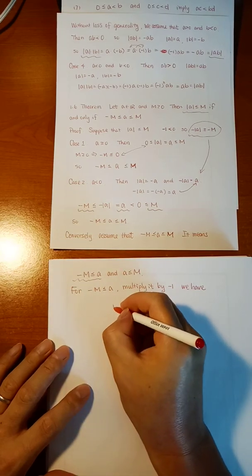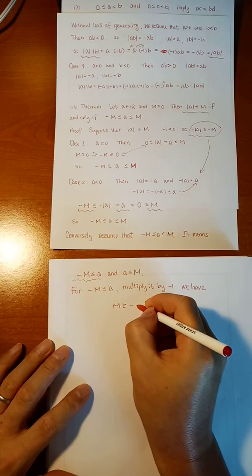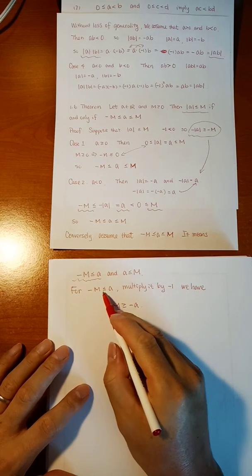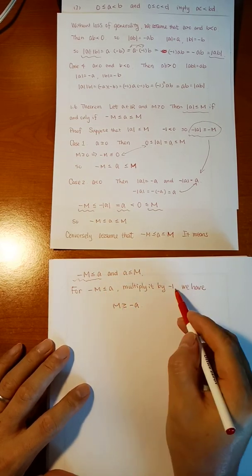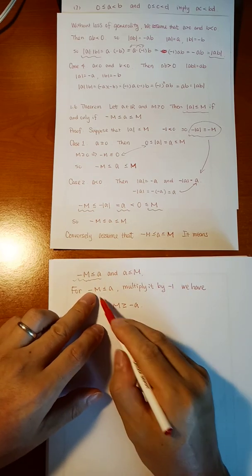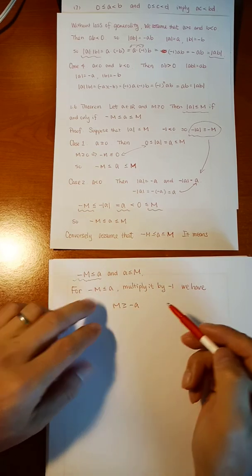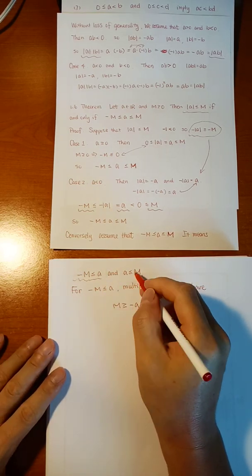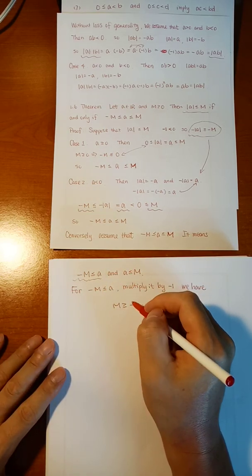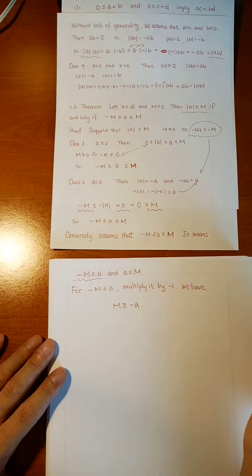We have m is greater than or equal to negative a. You multiply it by a negative number, you're going to change the direction of inequality. Negative of negative m is positive m. A times negative 1 is negative a. Okay, so these two conclusions are both correct because we assume this.